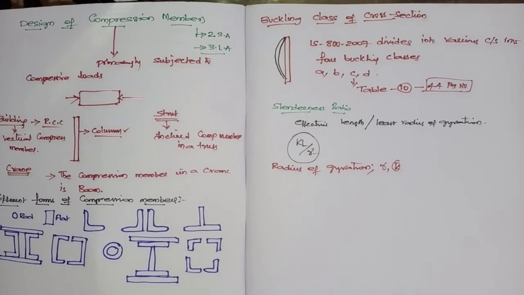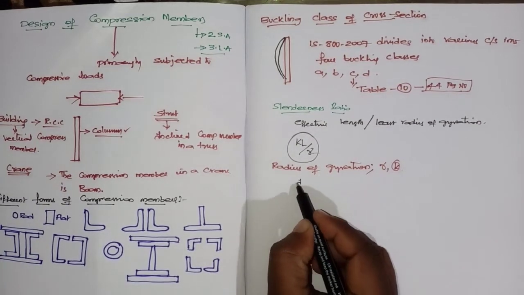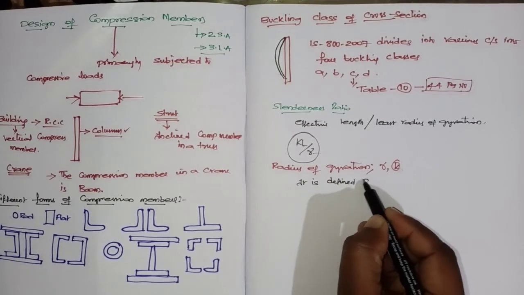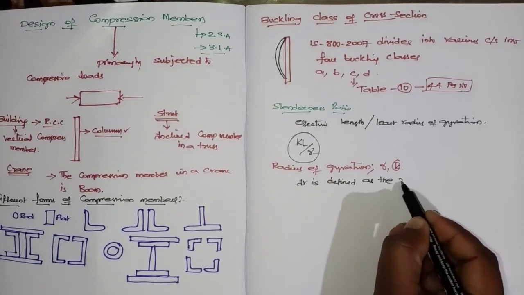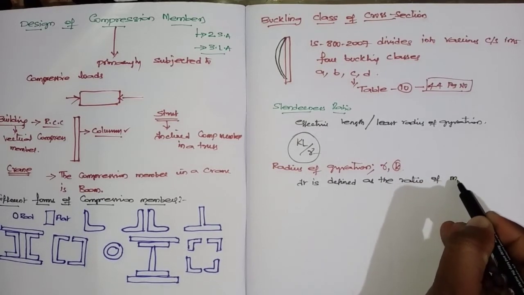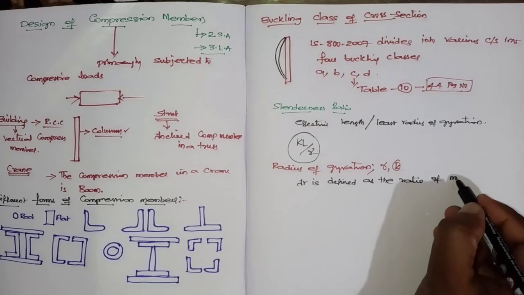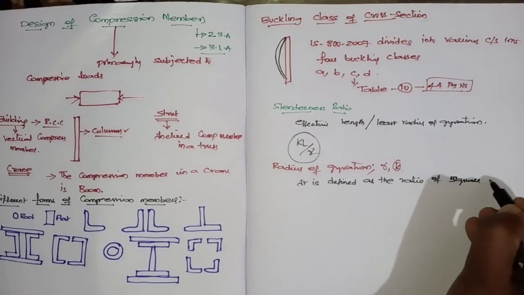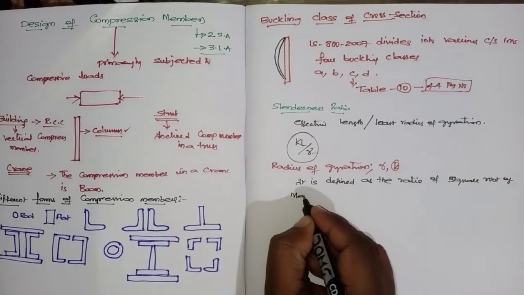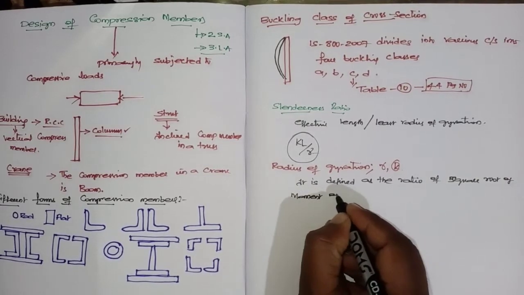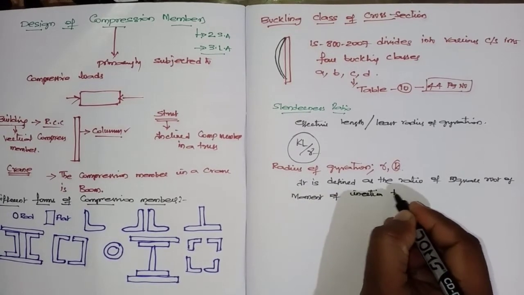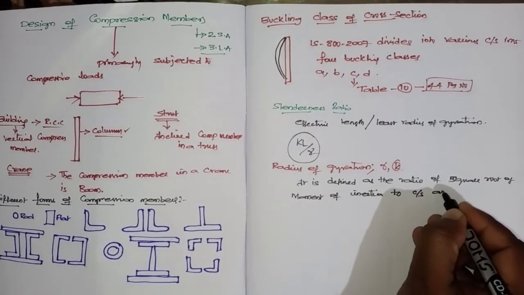It is defined as the square root of the ratio of moment of inertia to cross sectional area.